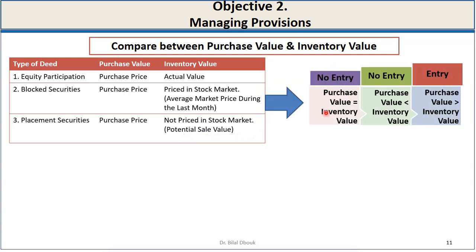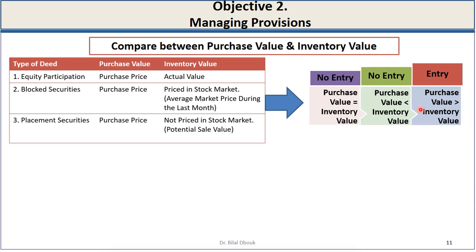So whenever we have a purchase value which is equal to the inventory value, we have no increase or decrease, so we do no entry at this level. If the purchase value is less than the inventory value, it means if we are going to sell these securities, we make a profit, so no entry is needed.